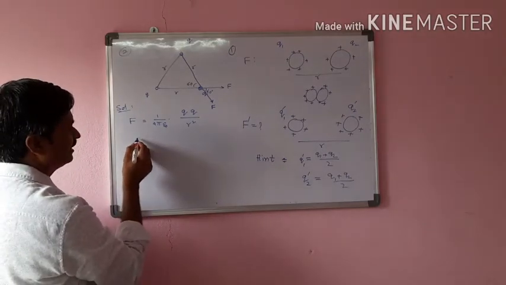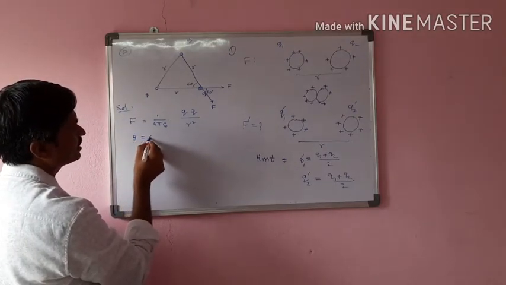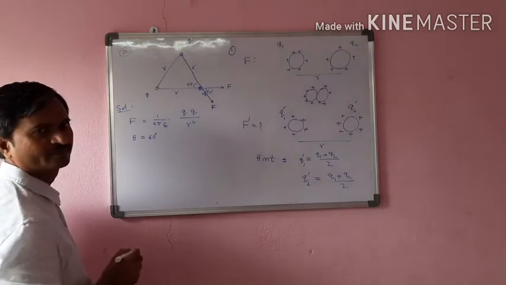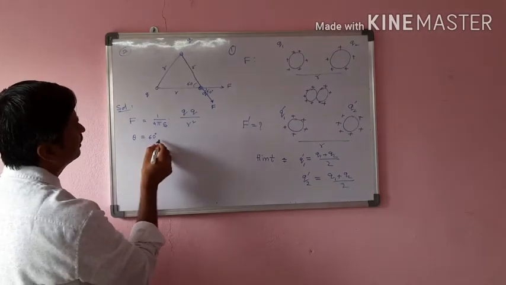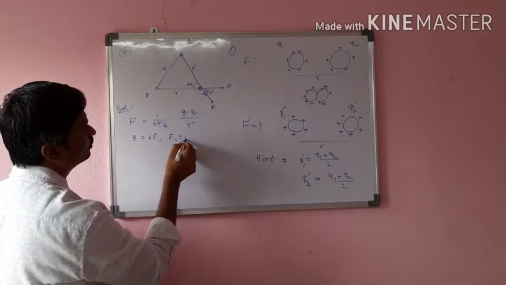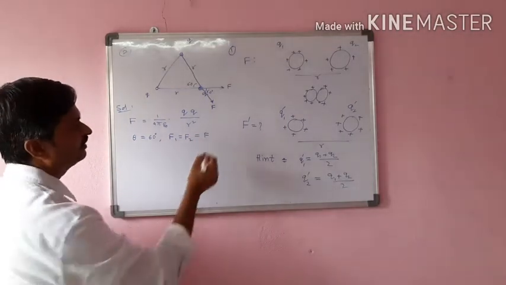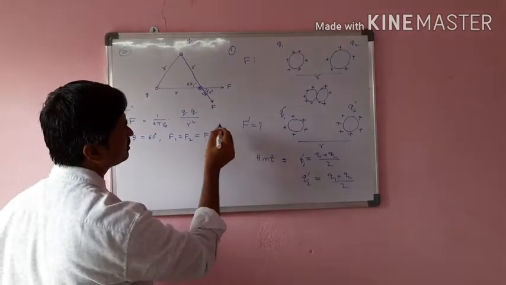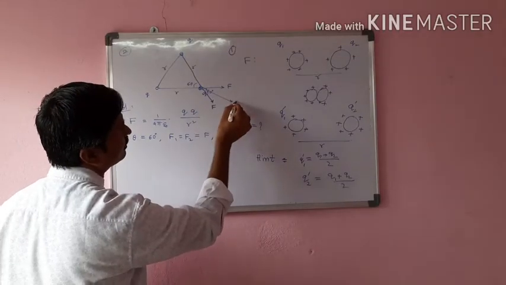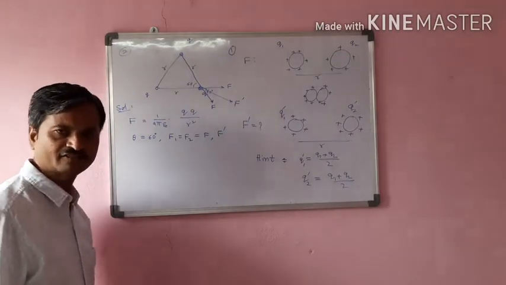Secondly, theta is equal to 60 degrees. And here F1 is equal to F2, that is equal to F, let us say. Then what is the resultant force F dash acting between these two in this direction?